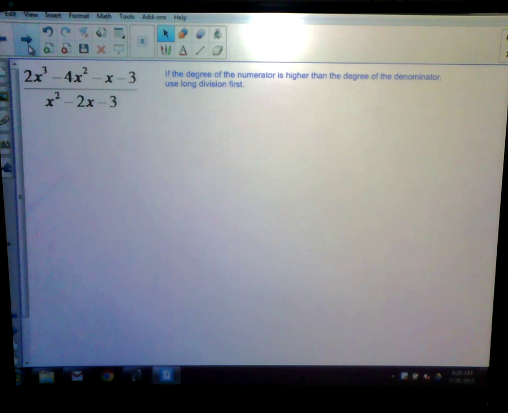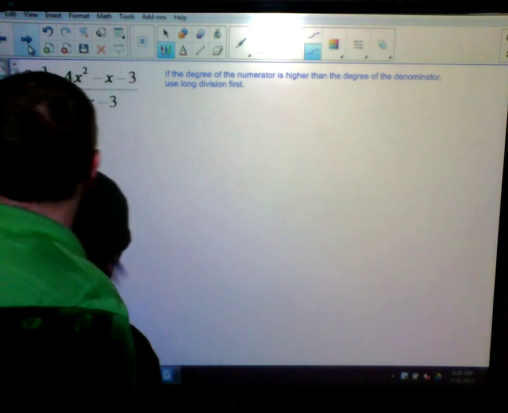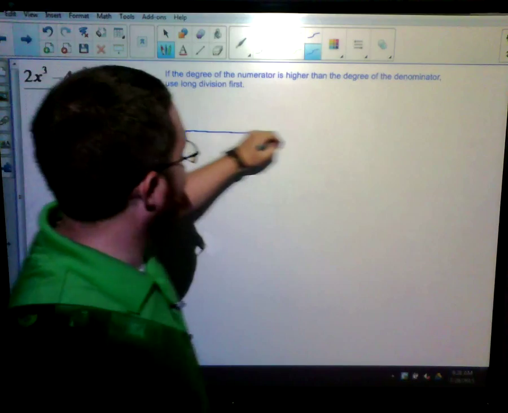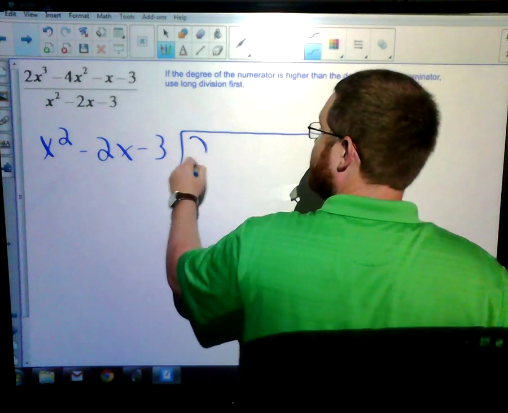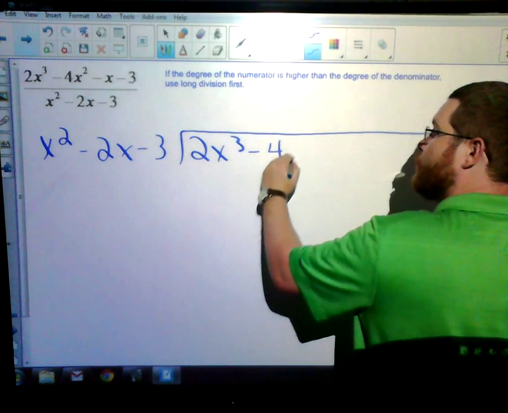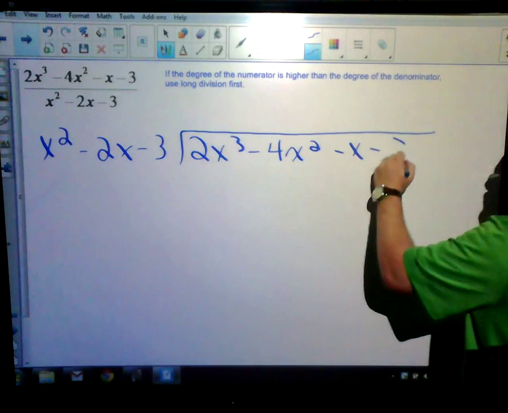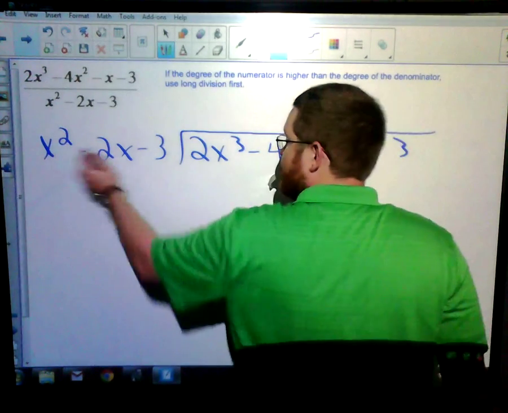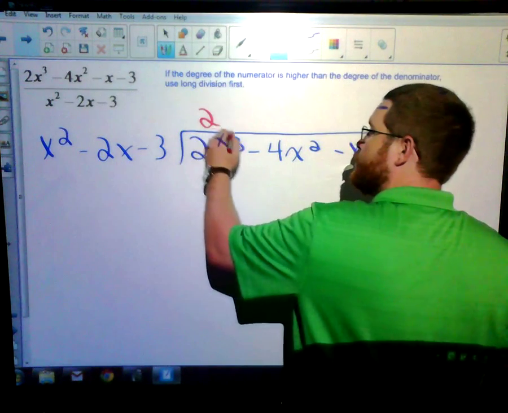Let's take a look at this. What if I have a problem where the top is bigger than the bottom degree? Well, I'm going to divide it. X squared minus 2x minus 3 divided into 2x cubed minus 4x squared minus x minus 3. It's been a long time since you've done long division, but 2x cubed divided by x squared is 2x.